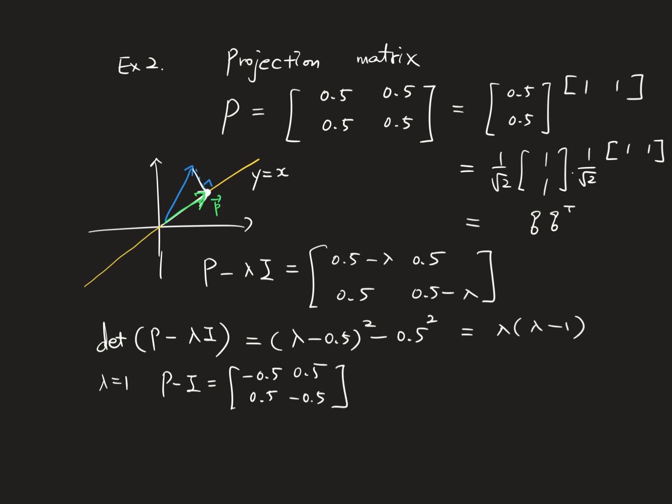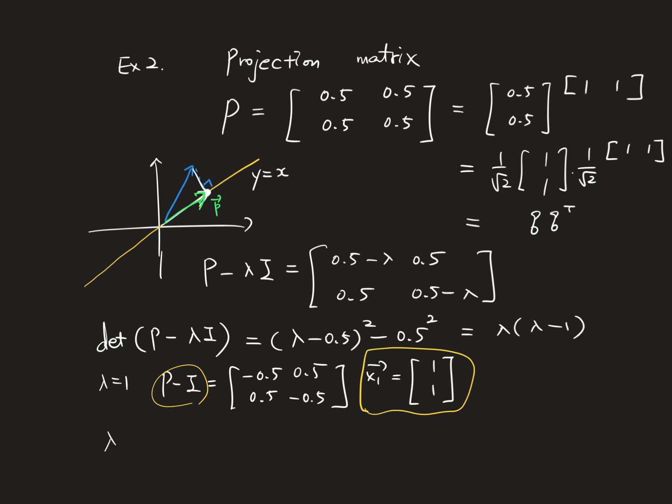The eigenvector will be 1, 1, because when we multiply this matrix with this eigenvector, we get the zero vector.